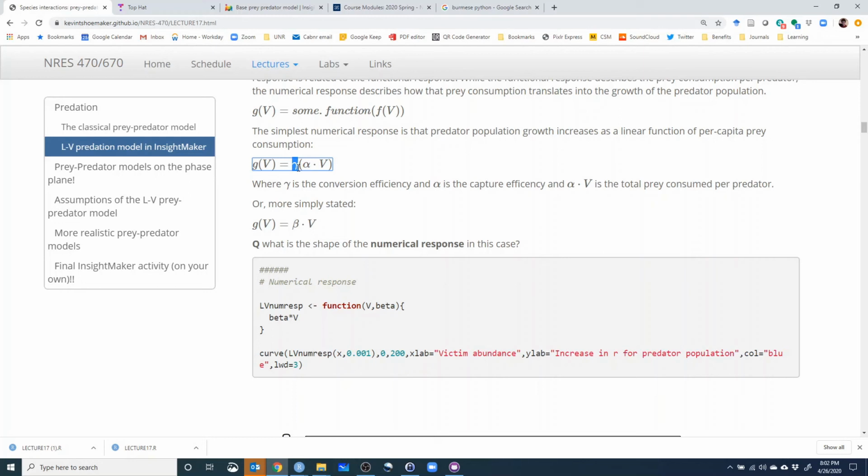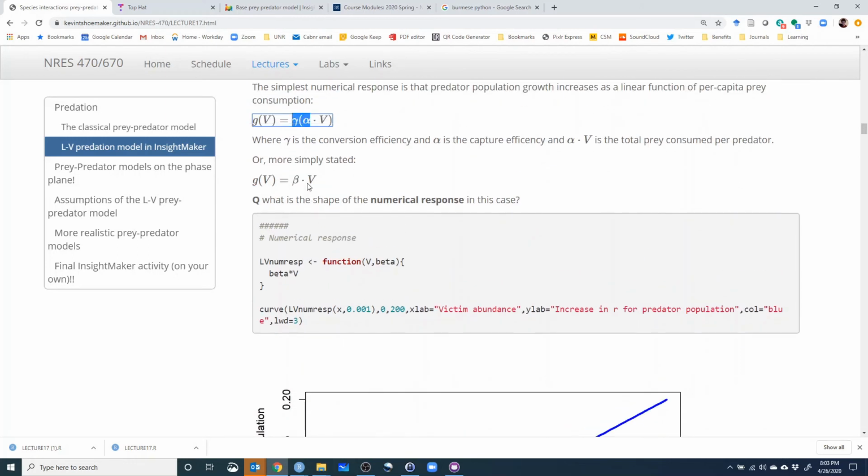This gamma constant can be called the conversion efficiency, and it's just the degree to which the prey consumed can be converted into growth of the predator population. But note that alpha is a constant, gamma is a constant. You multiply two constants together, well, that's just another constant.